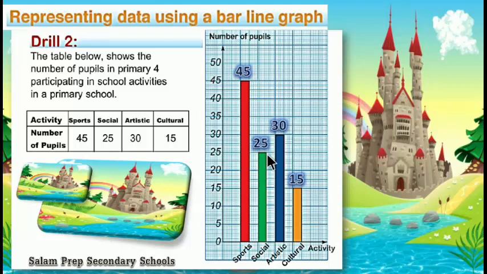The third bar, artist, at number 30. We will move to artist and go up until we reach 30. Okay? The last activity is culture. We will go up until we reach 15.